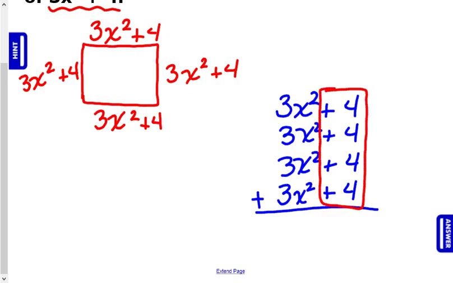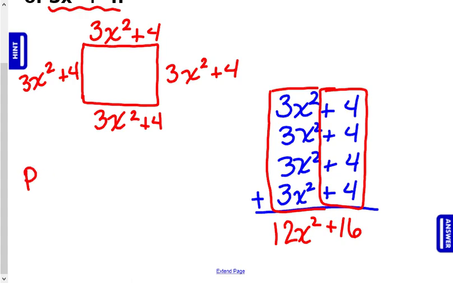So all of those plus 4s are going to make plus 16. And all of these 3x squareds are going to make 12x squared. 3x squared plus 3x squared plus 3x squared plus 3x squared is 12x squared. So my perimeter is 12x squared plus 16.